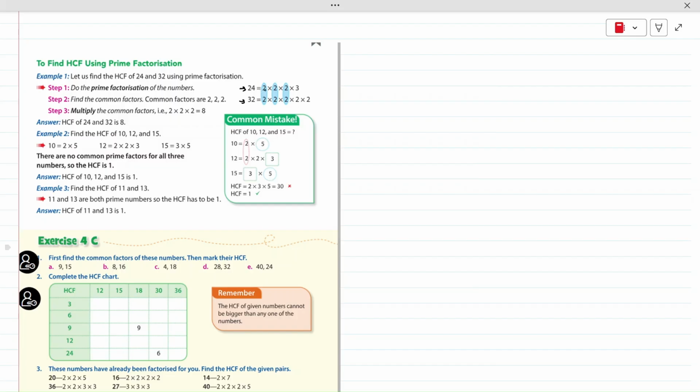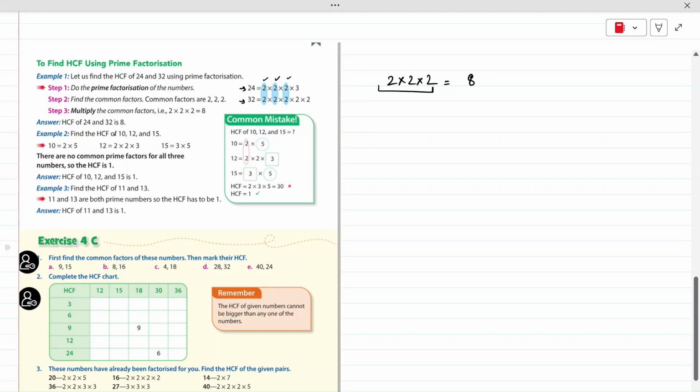So the common factors here are this 2, this 2 and this 2. Then we multiply the common factors, which gives us 8, because 2 into 2 into 2, these three were the common factors. So the HCF of this is 8.